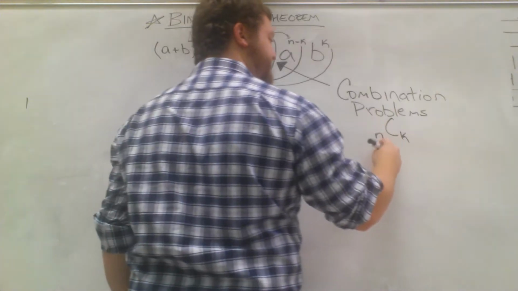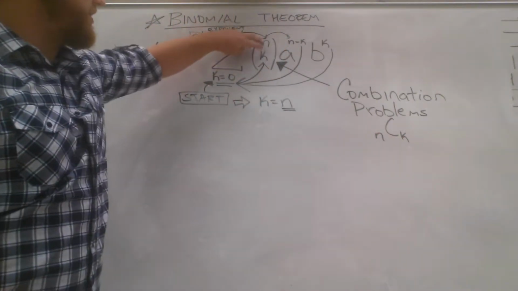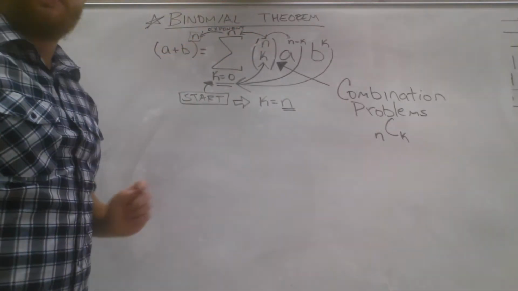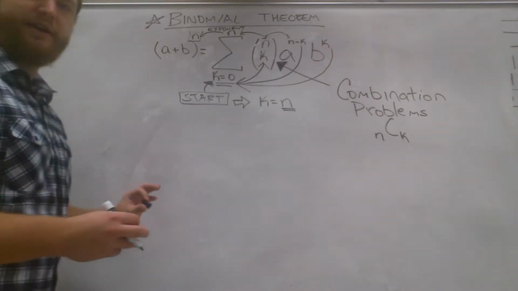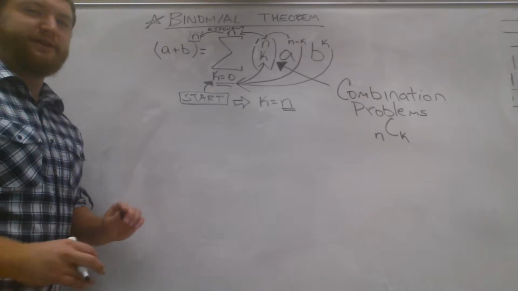Remember when it was nCr? Now we're just replacing the r and putting a k. So this is your total options, and that's what you're choosing when we do the combination problems. I know all this is like French to you right now. Just go with it, write it down, and as we work through it, hopefully it'll make sense.